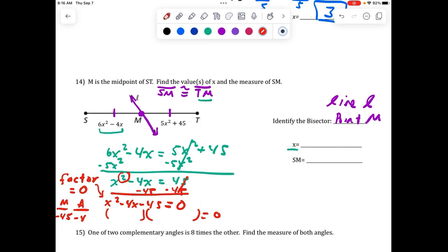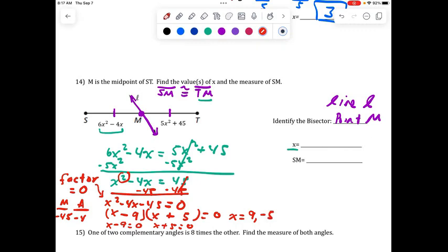So a pair of numbers that makes that true would be 9 times 5, negative 9, positive 5. And then if you set both of these parentheses equal to 0, your two possible answers for x would be positive 9 and negative 5.